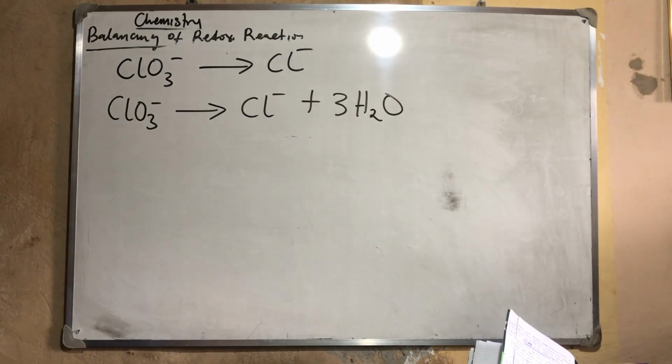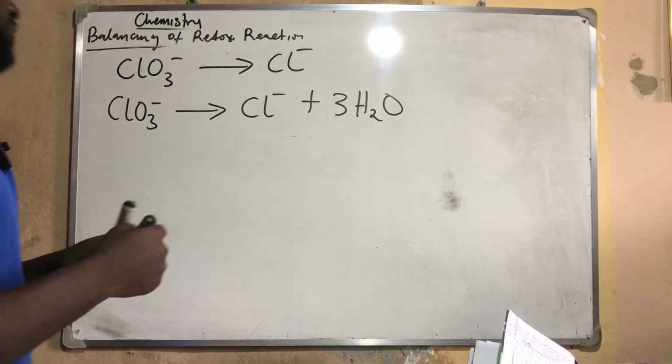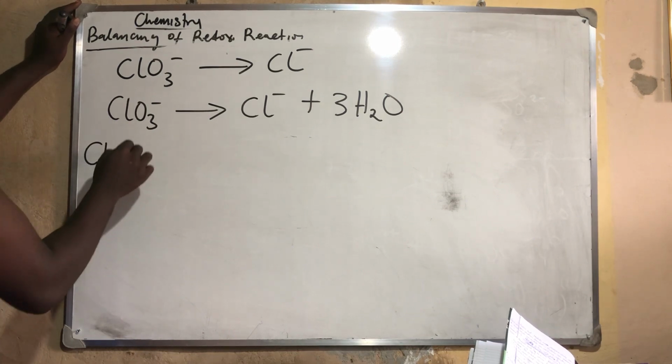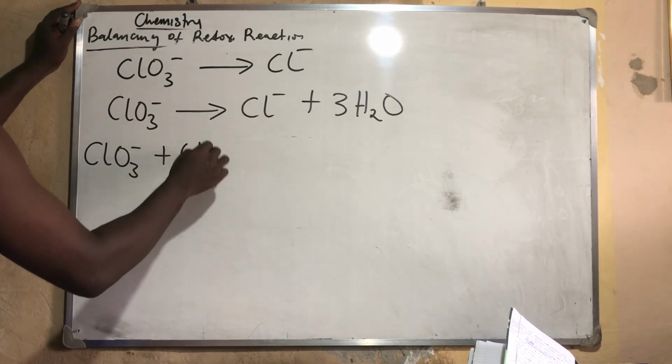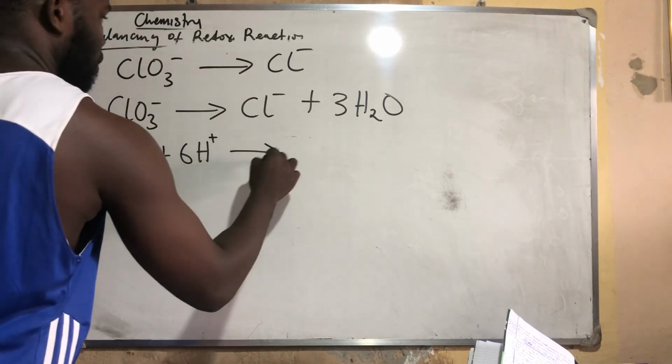Okay, then we now add hydrogen to the side that does not have water, but we have 2 times 3, 6, so we're adding 6 hydrogen ion, so ClO3 minus plus 6 hydrogen, but please don't forget that it must be hydrogen ion to give us what?